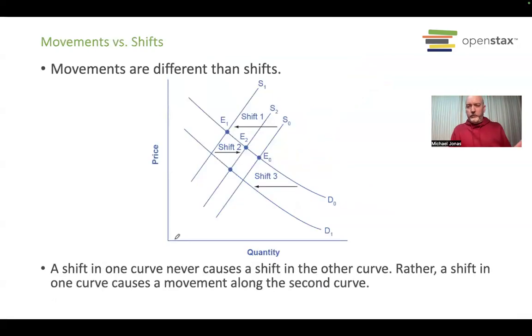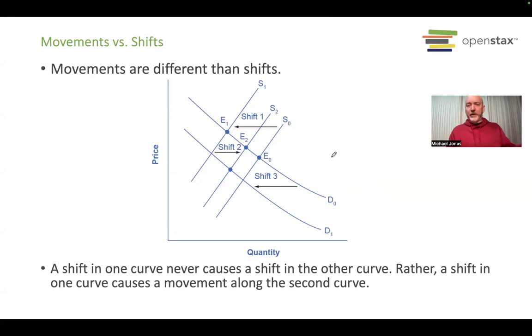So just to follow up on that idea of reacting to determinants, right, it creates a shift in one curve at a time. It's important to realize, and we saw it as we tracked those out, that every shift in a curve creates a movement along the other curve.